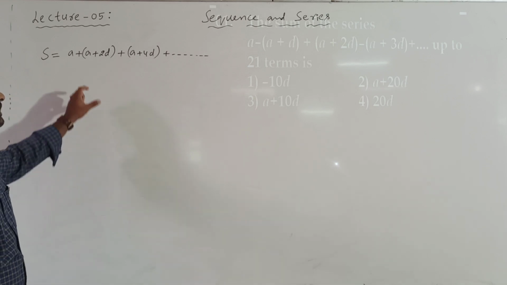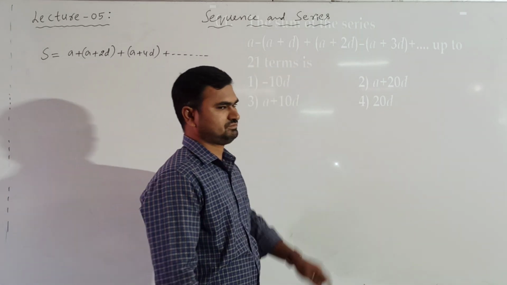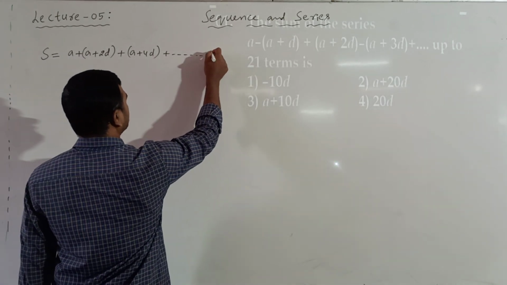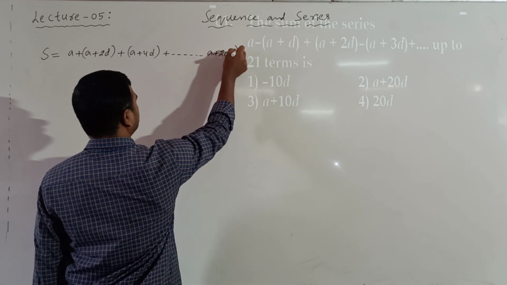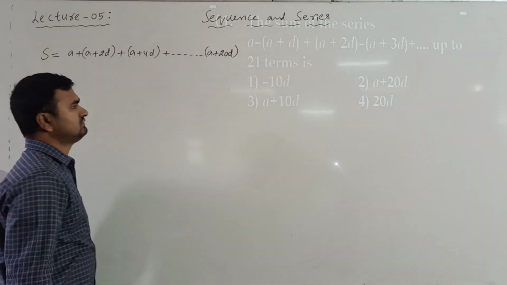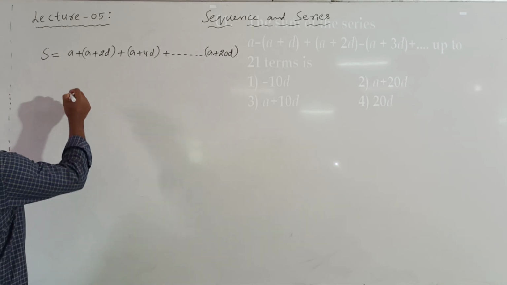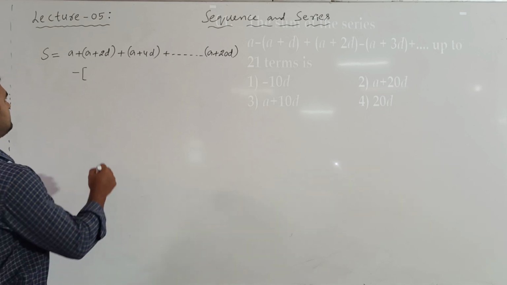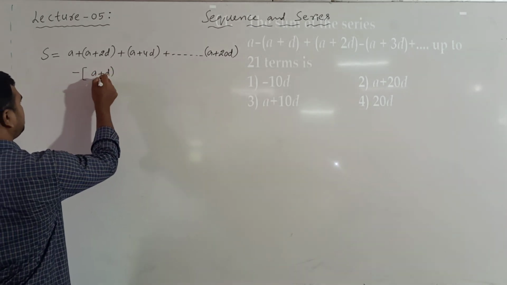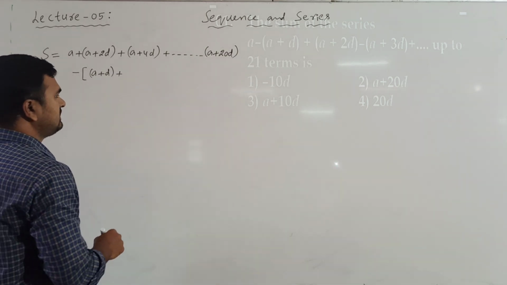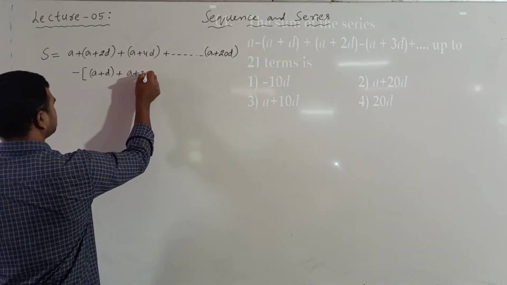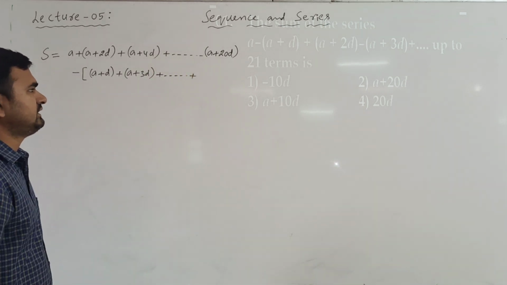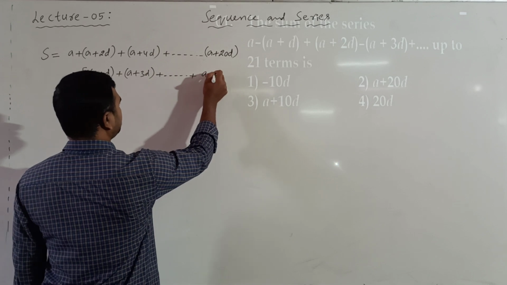What will be the last term in these odd terms? The last term will be a plus 20d because we are taking up to 21 terms. Next, from the remaining terms, I will take minus common, so it will be minus of a plus d plus a plus 3d and so on. Here the last term will be a plus 19d.